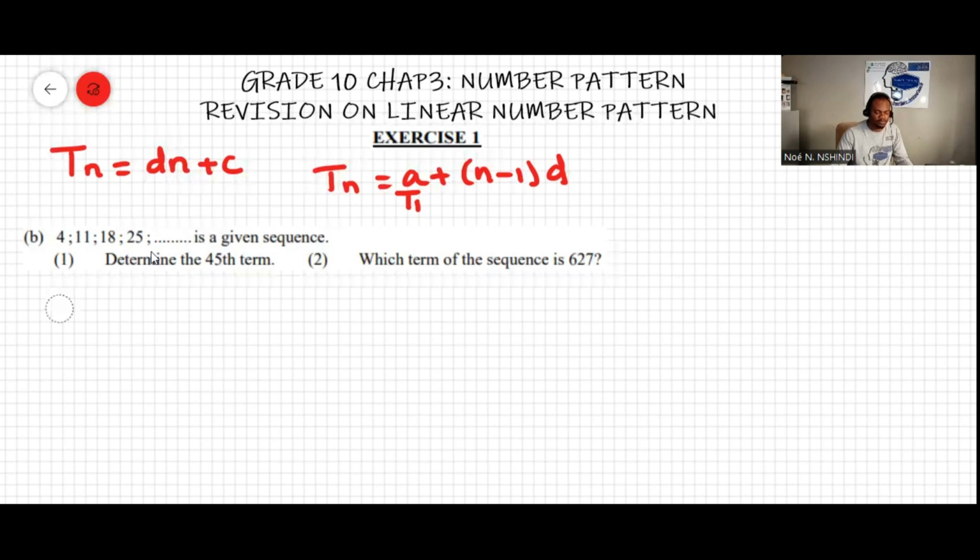So Tn here will be equal to 7n, and then if you have 7 to get 4, we're going to minus 3. From 7 to 4, we minus 3.